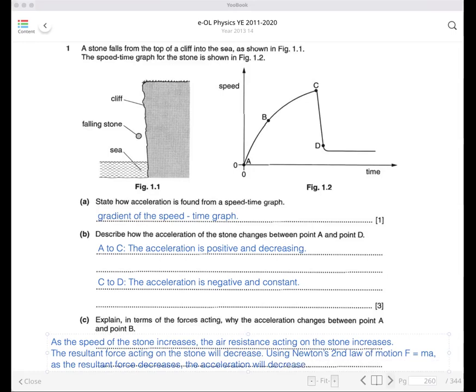Is that clear? Hello, Yuting and Pei Kuan. Can you give me some answer? Hello, are you there?